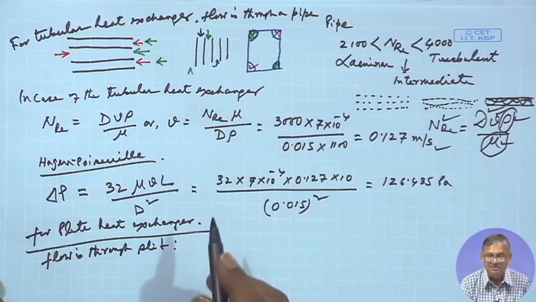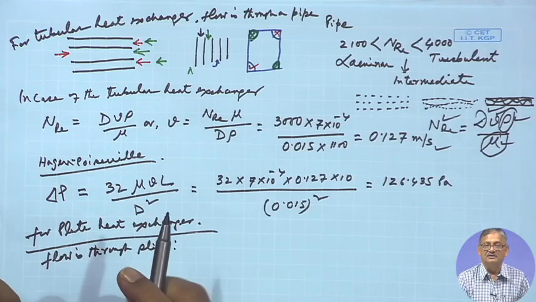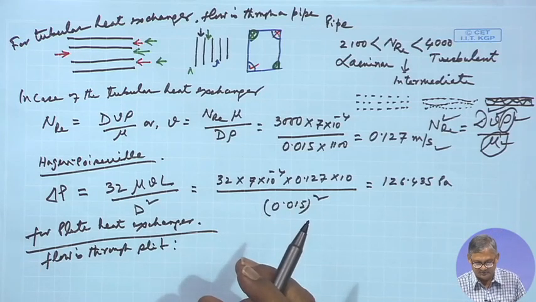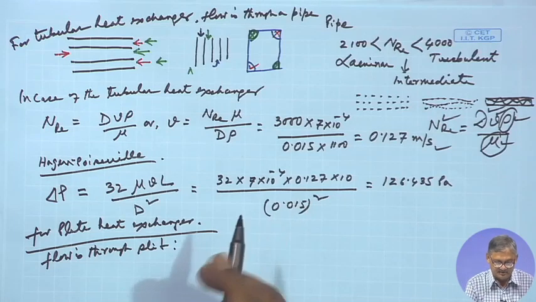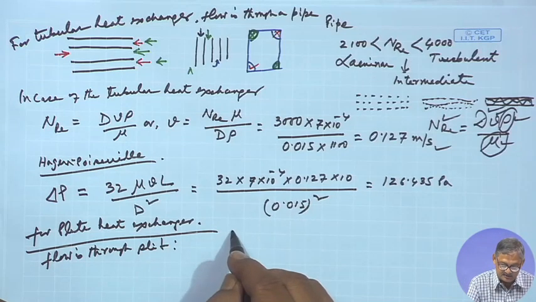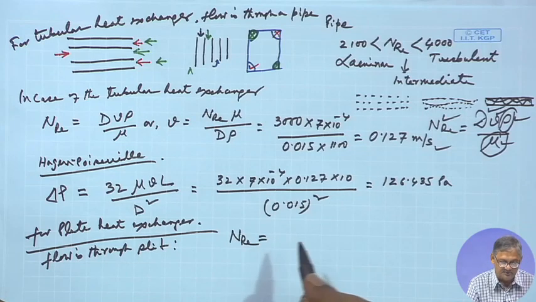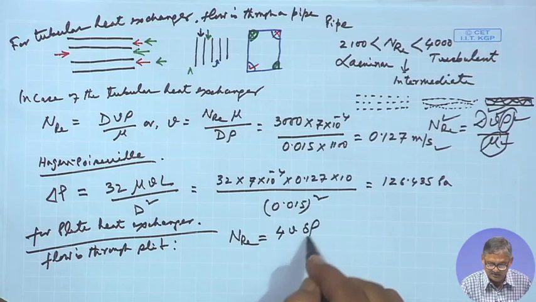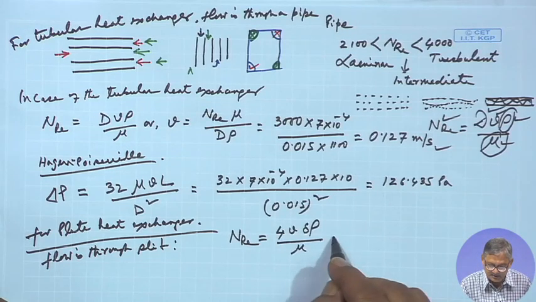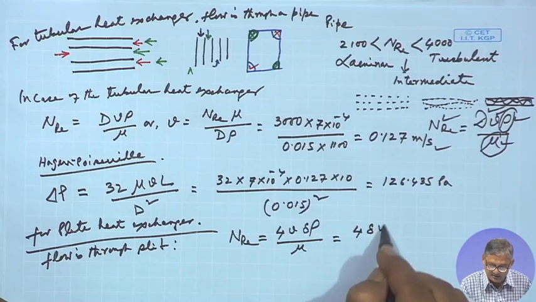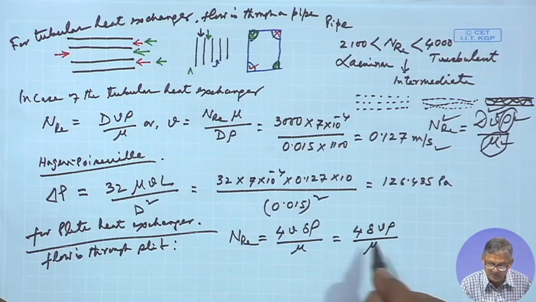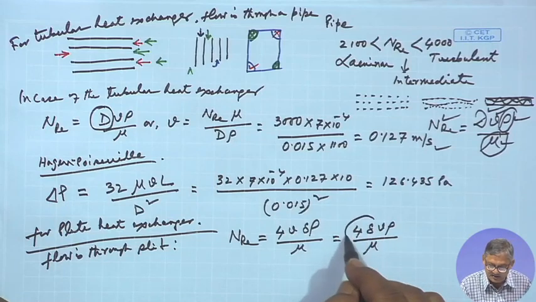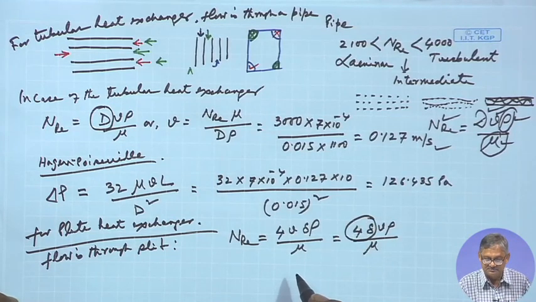So, we have to remember the relation of NRE for the slit flow, right. And if we remember, for the slit flow NRE was equal to 4 del V rho by mu. The d was substituted by 4 del, right.